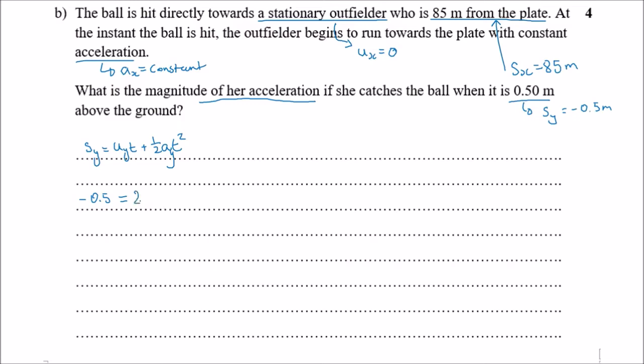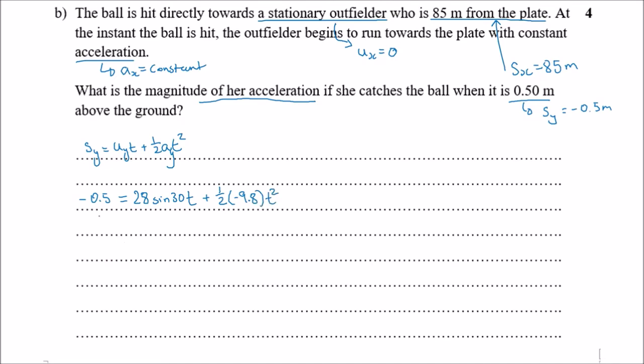It had an initial velocity of 28 sine theta. We are talking about the ball that we hit upwards. t plus half acceleration and t squared.